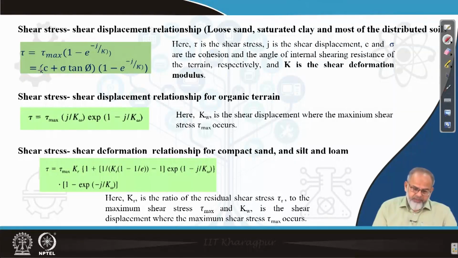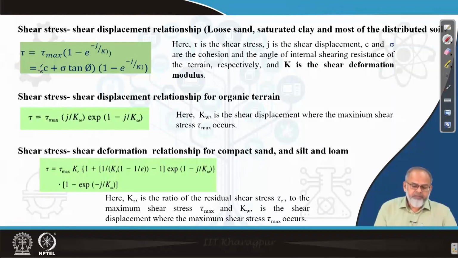Now in case of organic terrain, tau is equal to tau max into j by kw into e to the power 1 minus j upon kw. So this kw is nothing but the shear displacement where the maximum shear stress occurs.